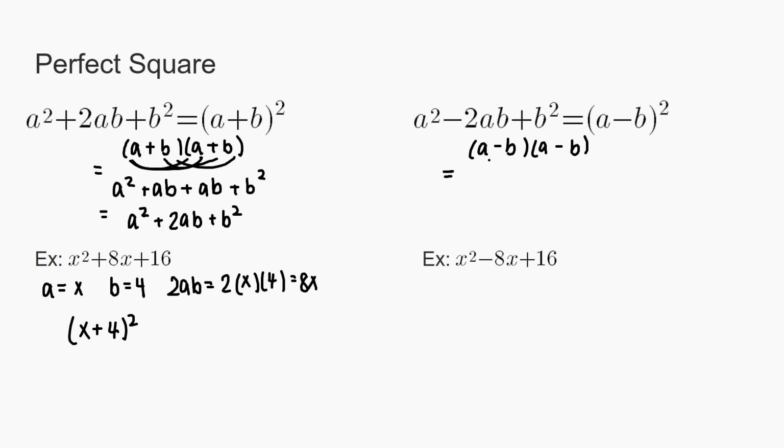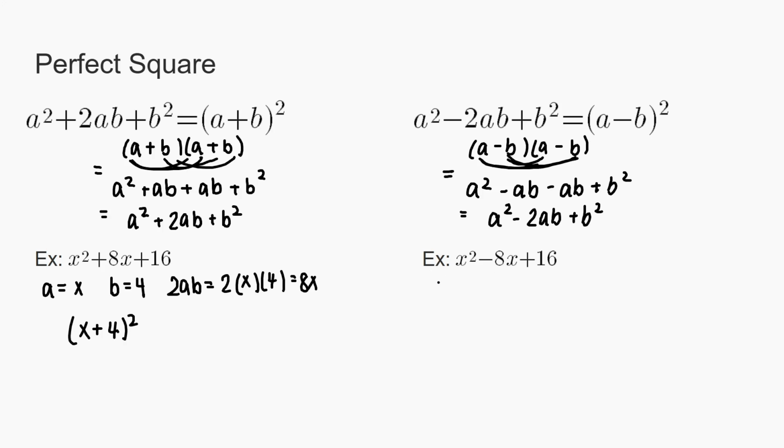We get a squared minus ab, minus ba, which is the same as ab, and plus b squared, because two negatives make a positive. So we get a squared minus 2ab plus b squared. Like I said, because we're subtracting ab twice, we're simplifying it to negative 2ab.